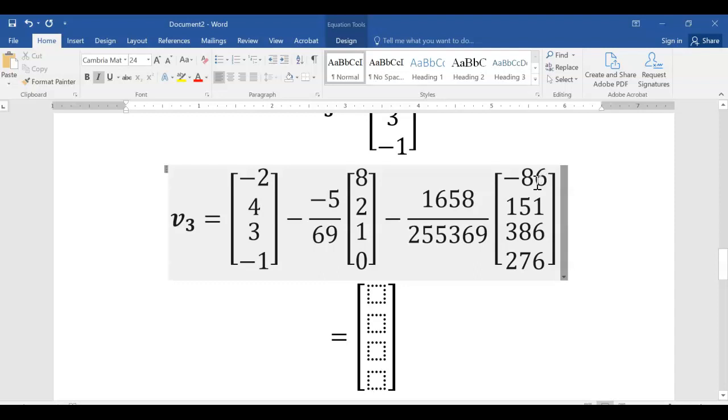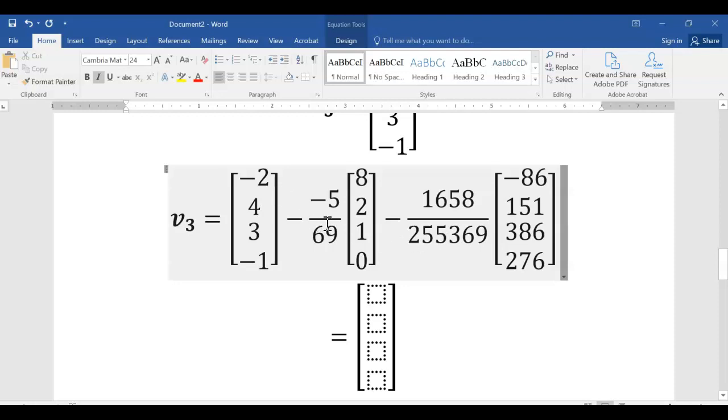When I take V2 inner product with itself, that's going to be 86 squared plus 151 squared plus 386 squared plus 276 squared, which I got out as 255,369. Now that is an ugly fraction, but that's no problem.